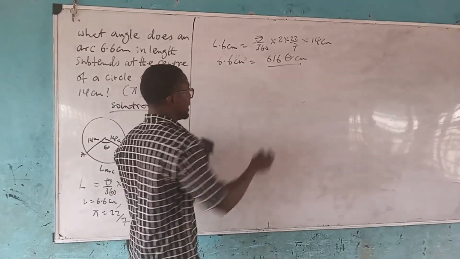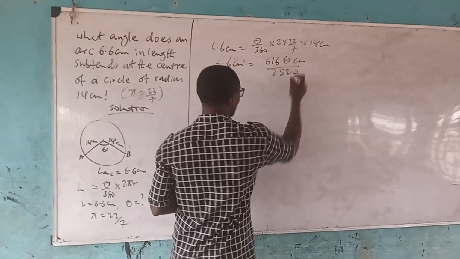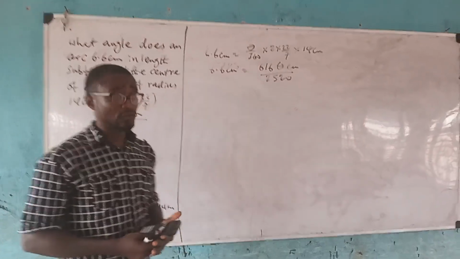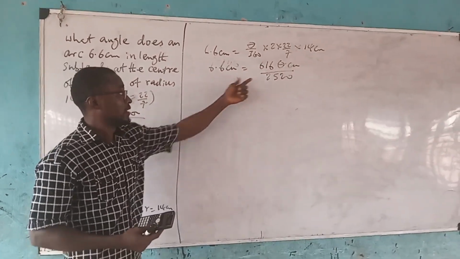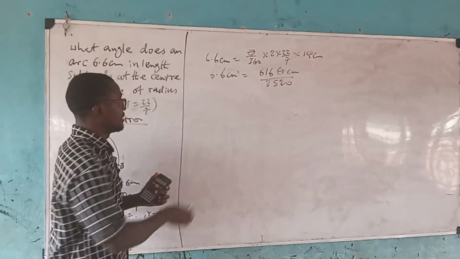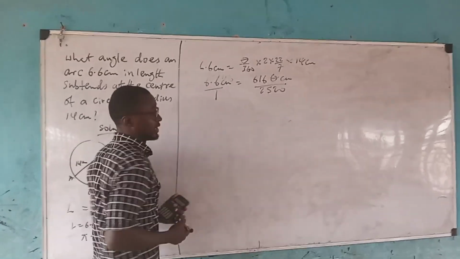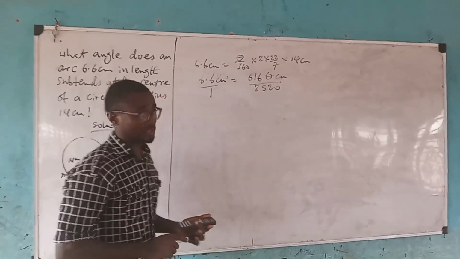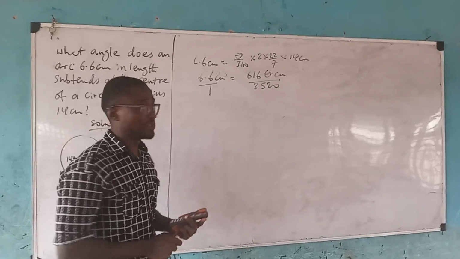That gives us 2,520. You can see that this is in fractional form, so we can make this the same form by putting this over 1. From here, we have to make theta the subject, so we can cross multiply.